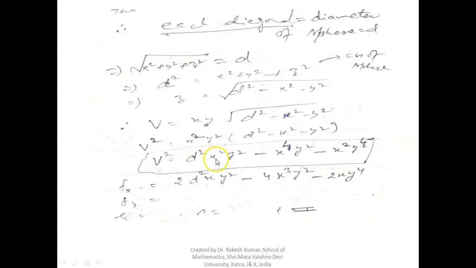Just differentiating this with respect to x, what we get? 2 times x d square y square minus 4 x cube y square plus 2 times x y raised to power 4. Similarly, we can find out fy, fxy, and we can find out the values of r, s and t. So fx equal to 0 and fy equal to 0 gives me these two equations, equation 1 and equation 2. So 1 minus 2 gives me this one, and y equal to x.